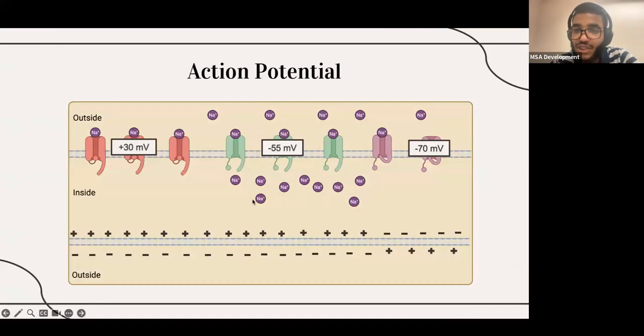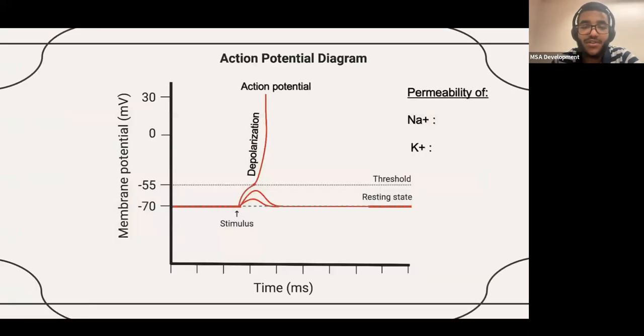The channels in this region are open, and so the sodium rushes in, making the membrane potential up to plus 30. Okay, and so the permeability for sodium ions over here is high, and the permeability of potassium ions is low, because there is no change in the potassium channels.